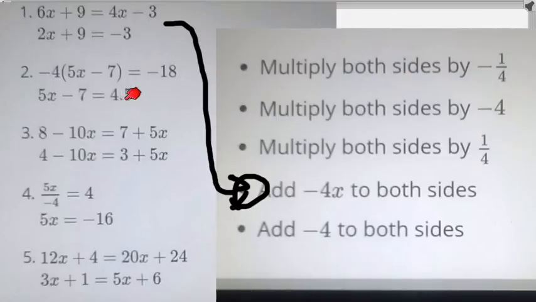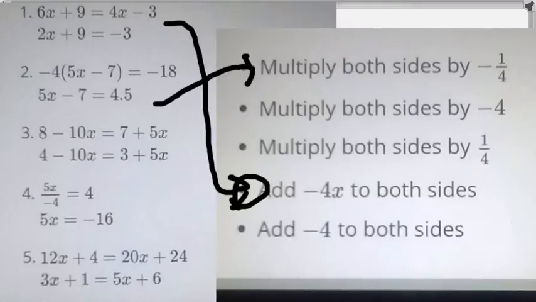So it looks like what happened is that they were multiplying on both sides by -1/4 to get rid of the -4. -1/4 times -4 is +1, and 1 times 5x minus 7 is 5x minus 7. And over here, -18 times -1/4 would give you 4.5. So they multiplied both sides by -1/4. So it goes to this one.